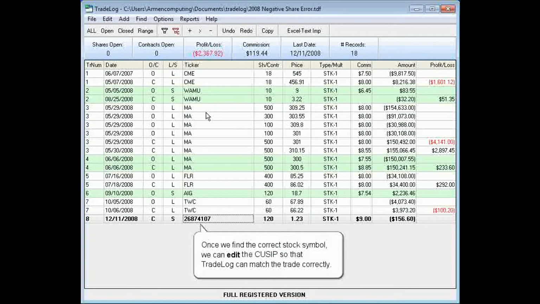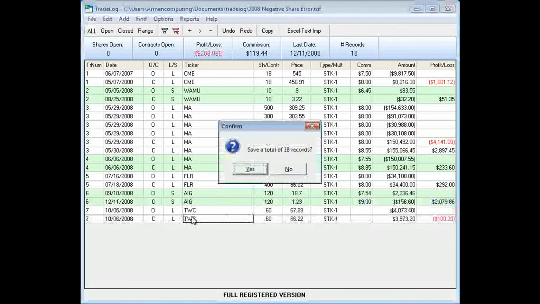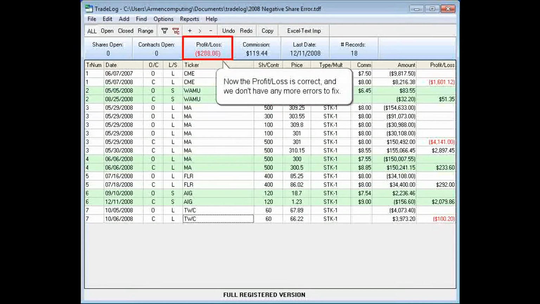Once we find the correct stock symbol, we can edit the CUSIP so that TradeLog can match the trade correctly. Now the profit and loss is correct, and we don't have any more errors to fix.